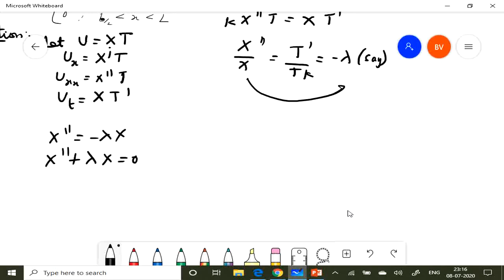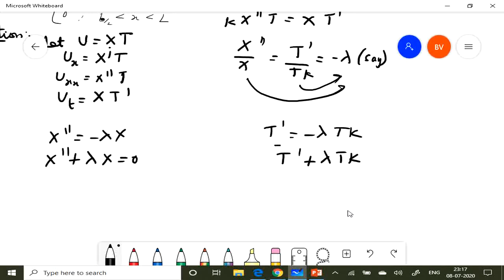And now you should have another function. I will come to that point. Here, comparing these two will give T prime is equal to minus lambda times T and k. That is, T prime plus lambda k T.